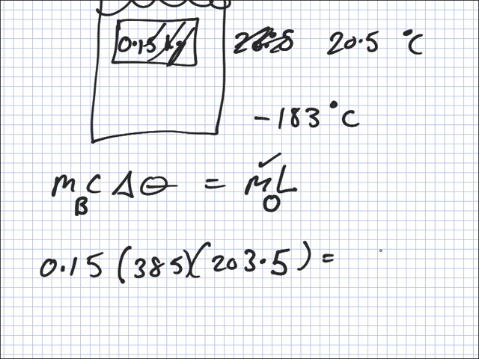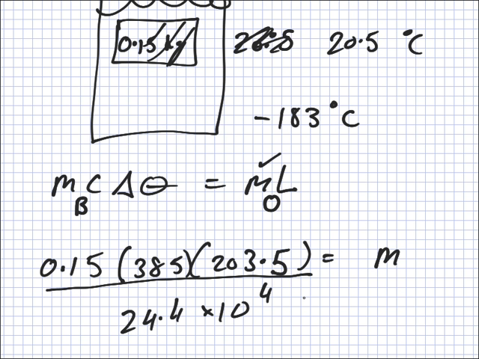That's to equal M, which we want, times L. So if I divide by L, I've got the M. 24.4 times 10 to the 4. And we're done. 0.048 kilograms.